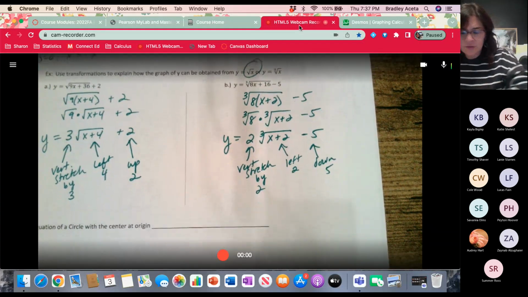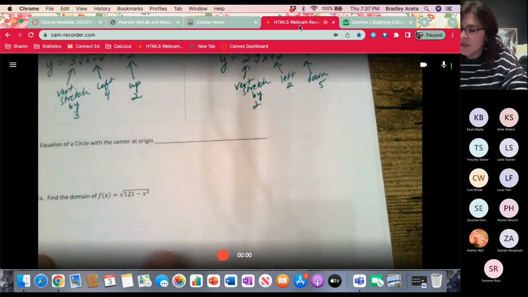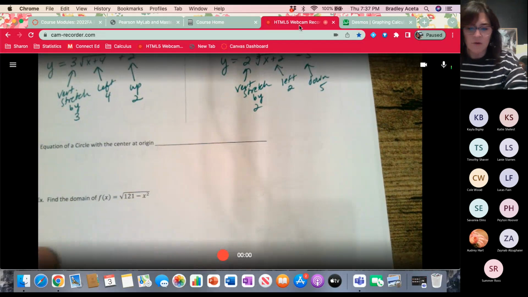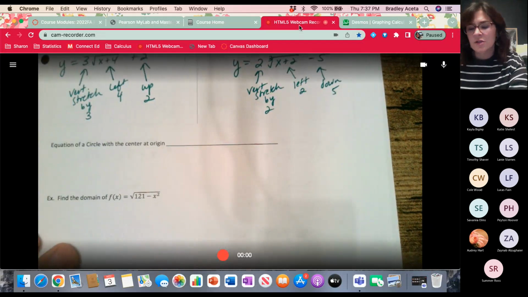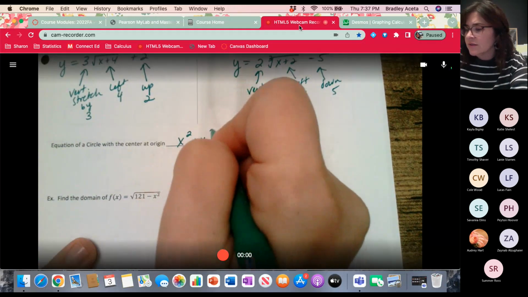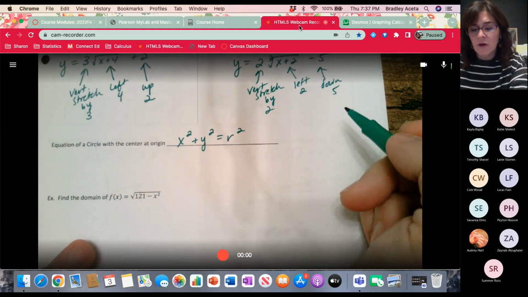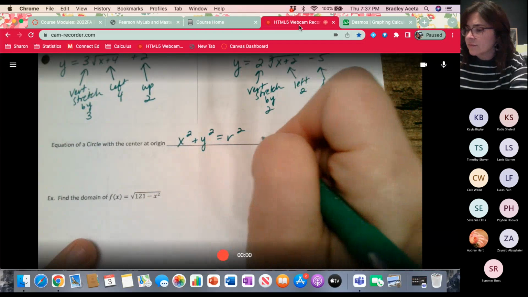All right, last two. Woohoo, squeezing it in. Equation of a circle with a center at origin. So a little bit more geometry things that maybe you haven't seen before. If you are drawing a circle on a coordinate grid, the equation for it is x squared plus y squared equals r squared, where r is your radius.